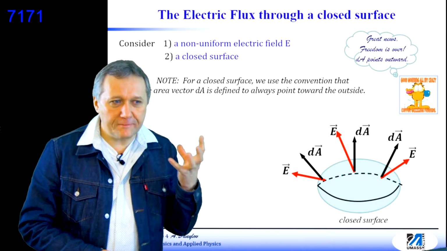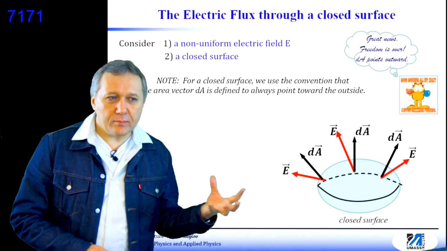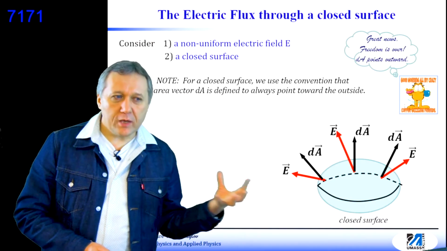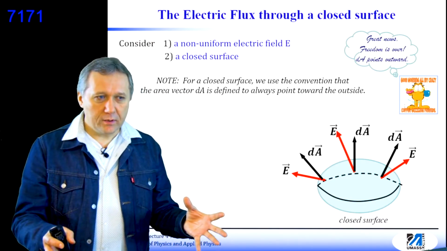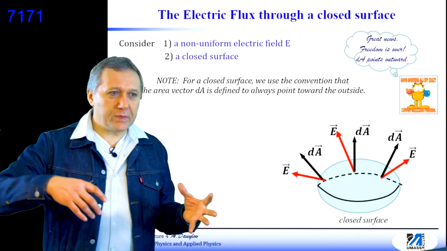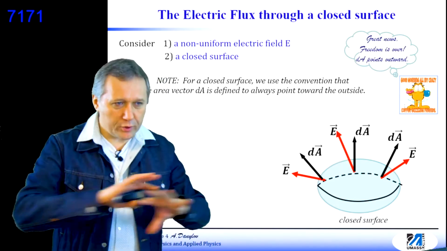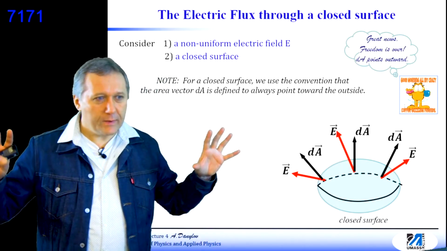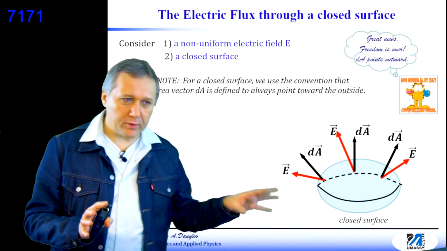Gauss's law is the fundamental law, a fundamental equation, and it shouldn't have any ambiguities. Giving you freedom to pick the direction of the area vector this way or that way, no, it shouldn't be. It will be confusing. It will create a mess. Any fundamental equation shouldn't have any ambiguities.